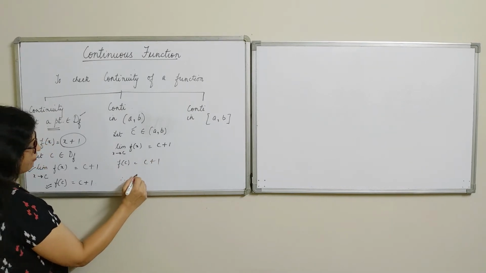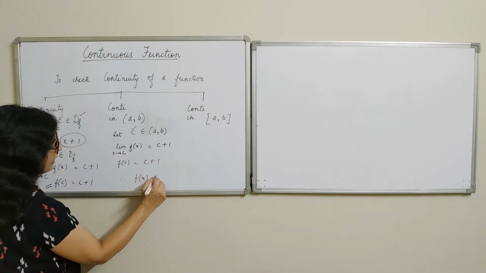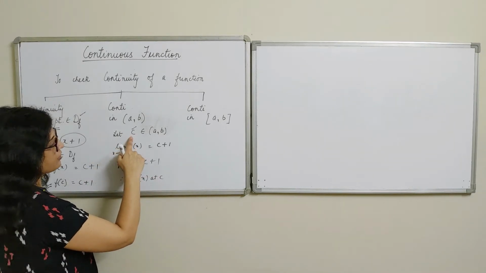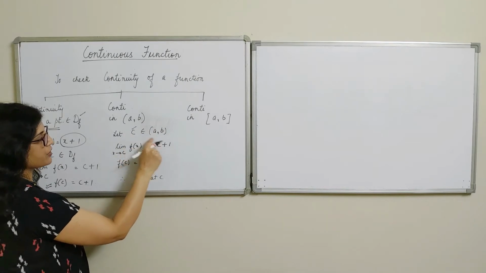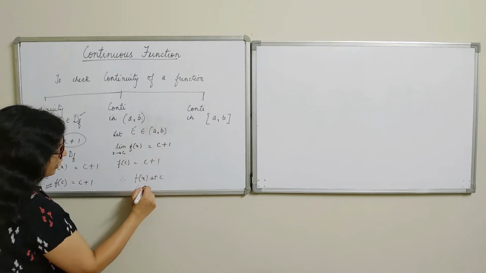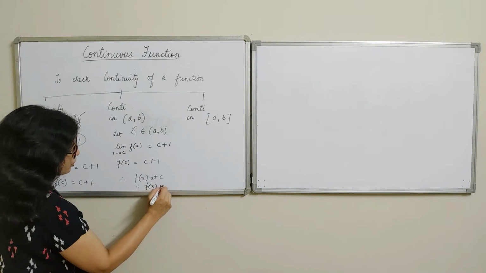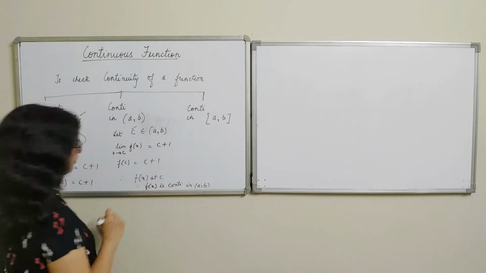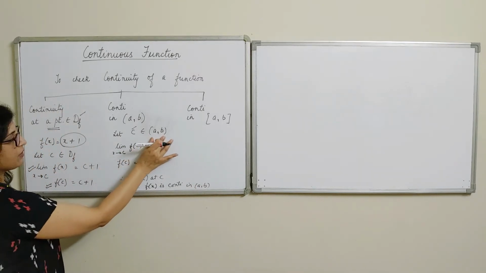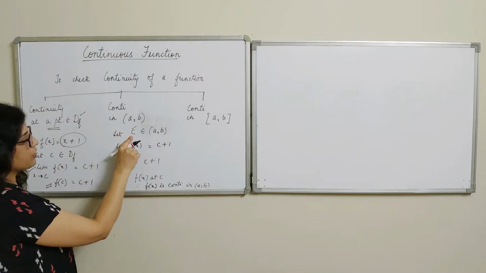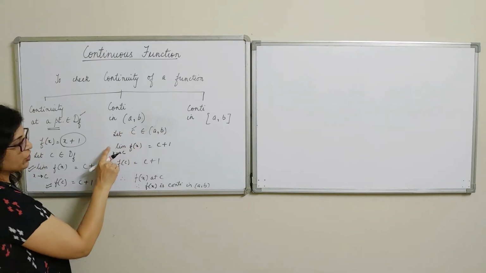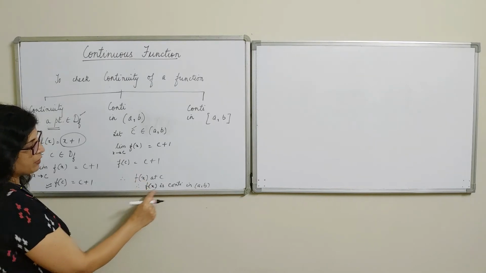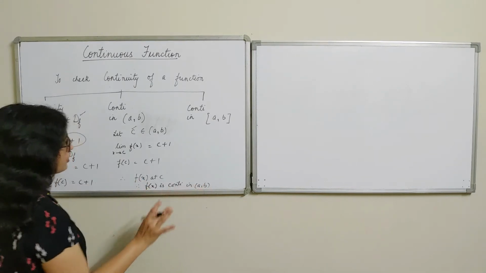So in that case, the function is continuous at C. This point represents any point in the interval. Hence we can also write down that the function is continuous in the open interval. So when an open interval is given to us, we choose an arbitrary point. At that point, we check the continuity of the function. If the function is continuous at that point, that means the function is continuous in the entire interval.